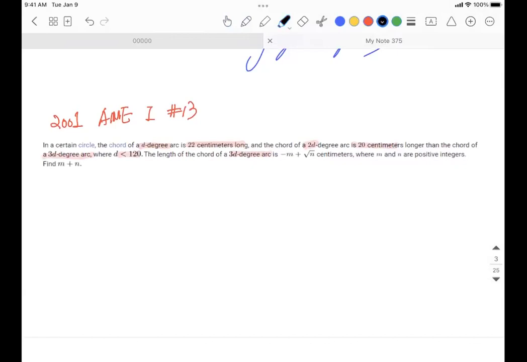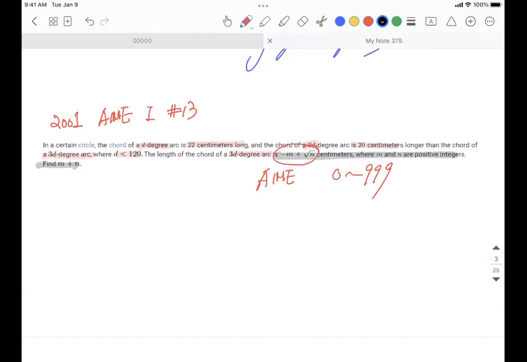I don't know if you guys are familiar with this. This is a typical AIME way of asking a problem. It's not multiple choice, but the answer is always a number from 0 to 999, because it's computer-based, like an answer sheet.